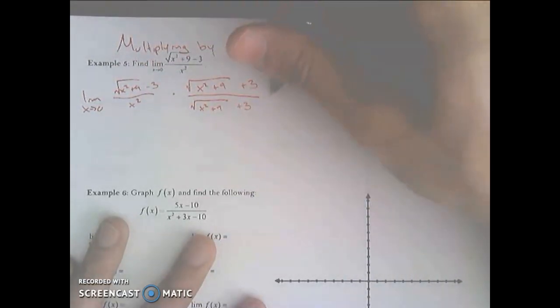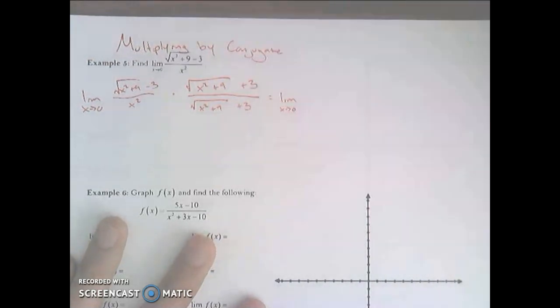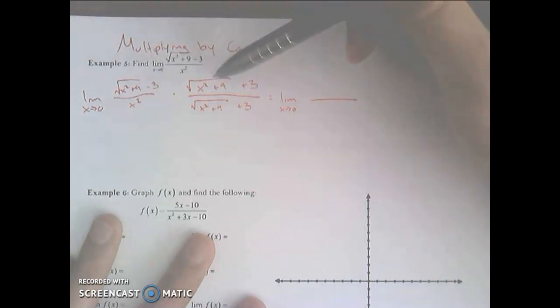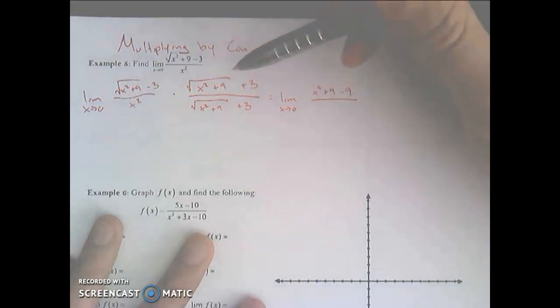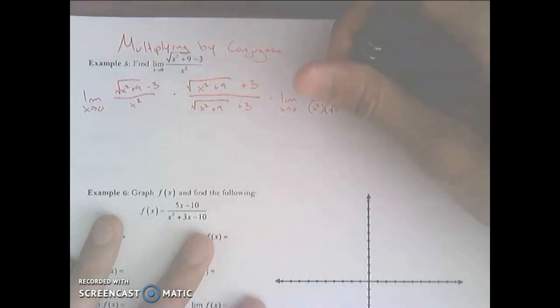So when multiplying this, we've got the limit as x approaches 0. Don't forget that. On the top, we've got this square root, this would be x squared plus 9, and then this would become minus 9. So this is a difference of squares. And then in the denominator, we have x squared times the square root of x squared plus 9 plus 3.